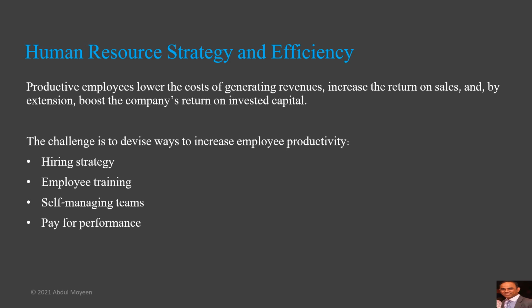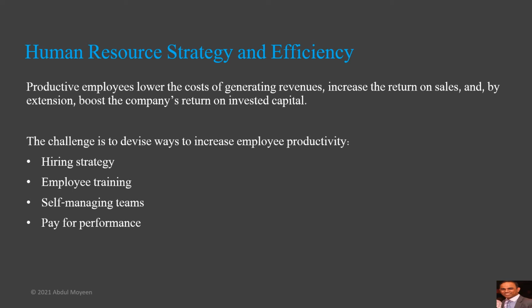Number 3 is the self-managing team. The use of self-managing teams, whose members coordinate their own activities and make their own hiring, training, work and reward decisions, has been spreading rapidly.